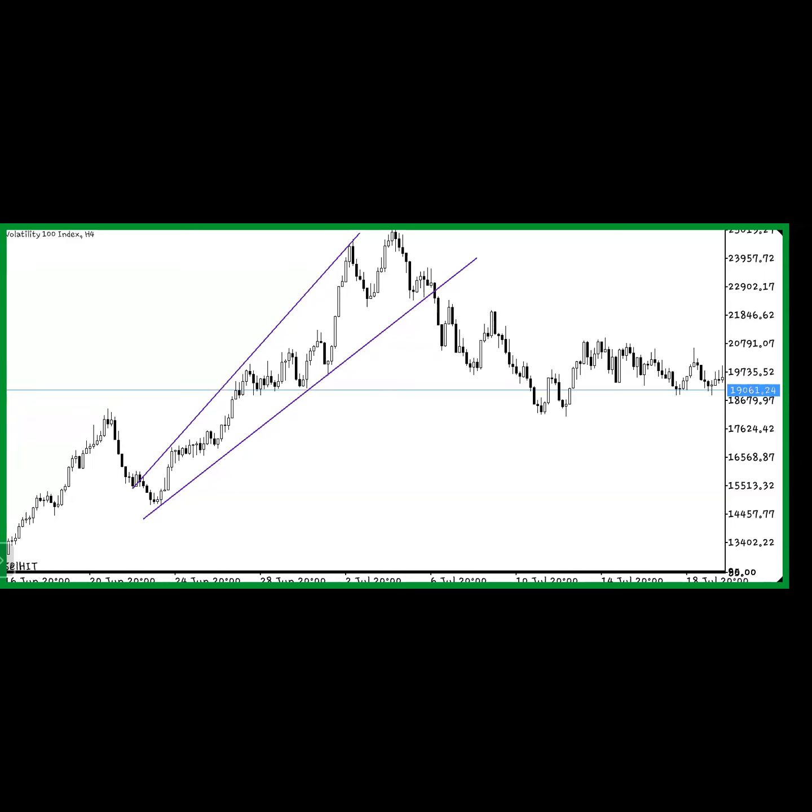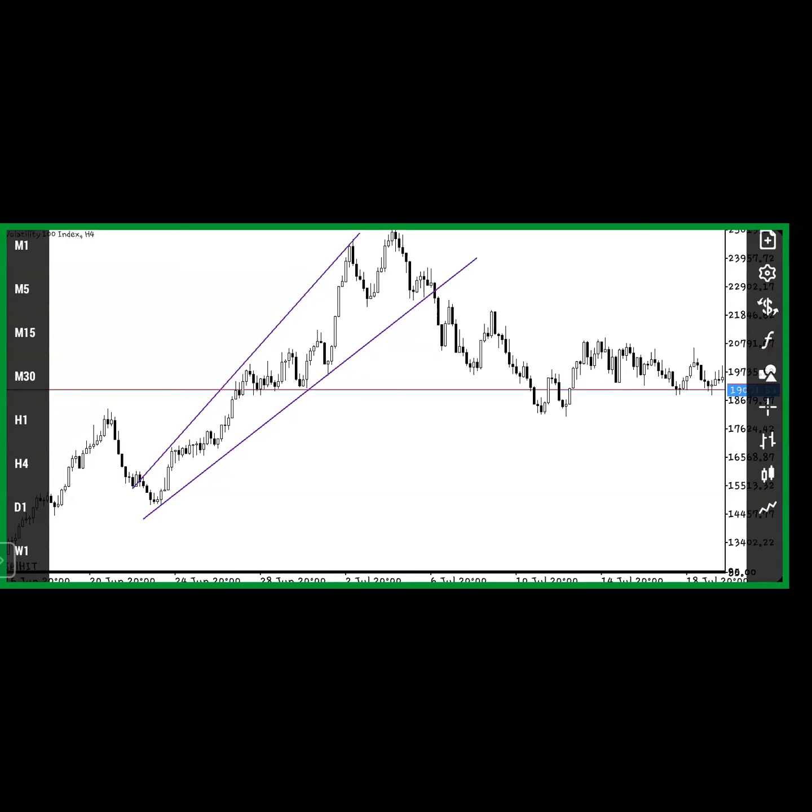In this scenario, you can clearly see we have a head and shoulders breakout, but no complete retest. So in this case, I'm going to take you to smaller time frames, like H1, and we check what happened here.